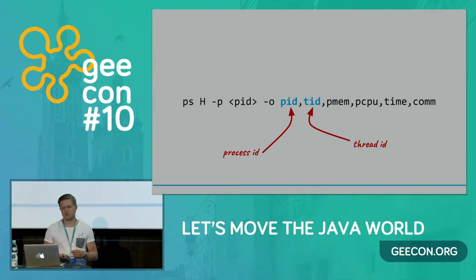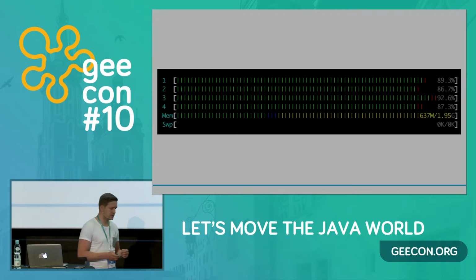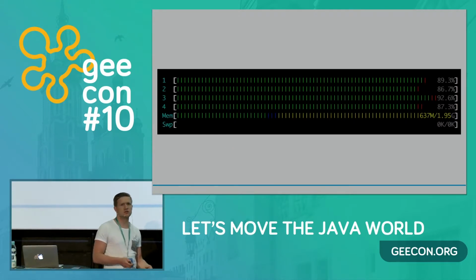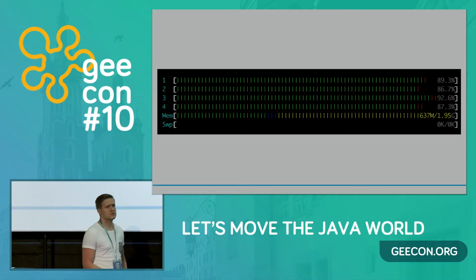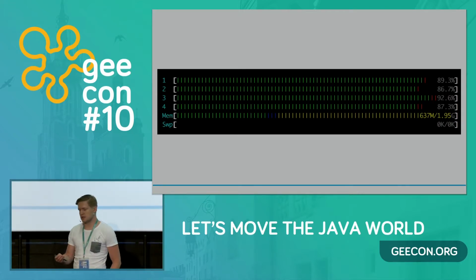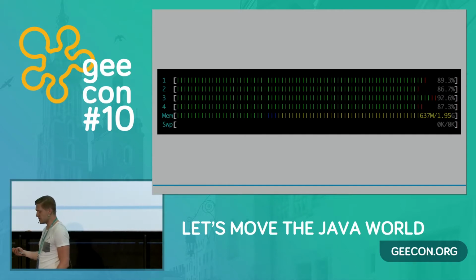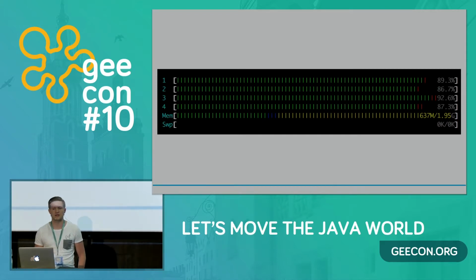So why is it so important? Well, let's say you have this kind of situation. You log onto the host, and you can see that all the CPUs are on fire. Everything is utilized at 100%. Assuming there is a JVM application working there, how can you quickly come up with which threads are causing all this mess?